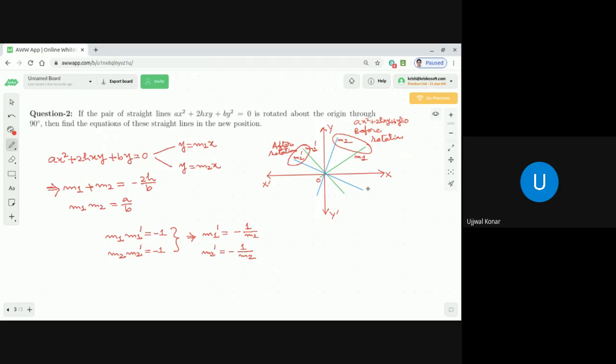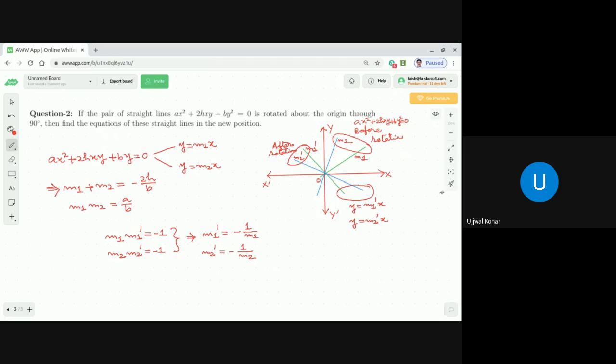So what will be their joint representation? It should be something like this: y equal to m1 dash into x and y equal to m2 dash into x.